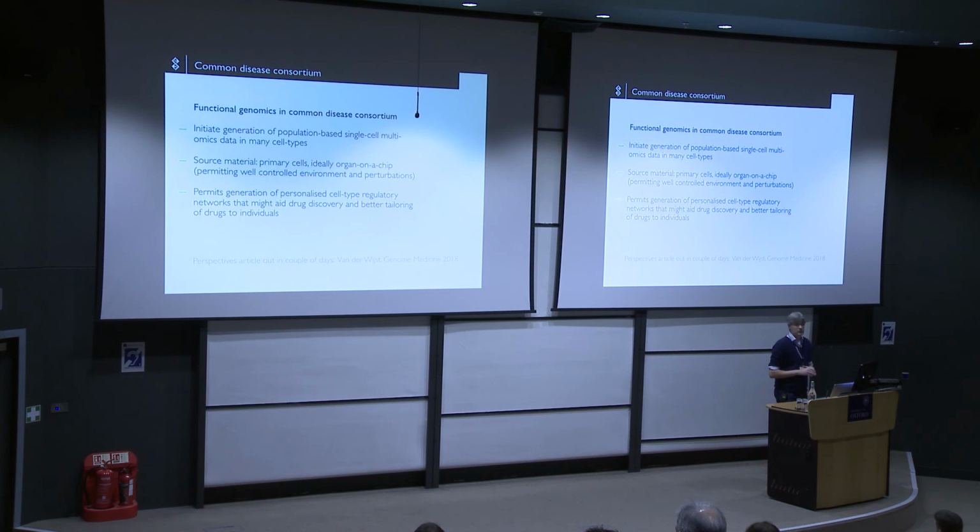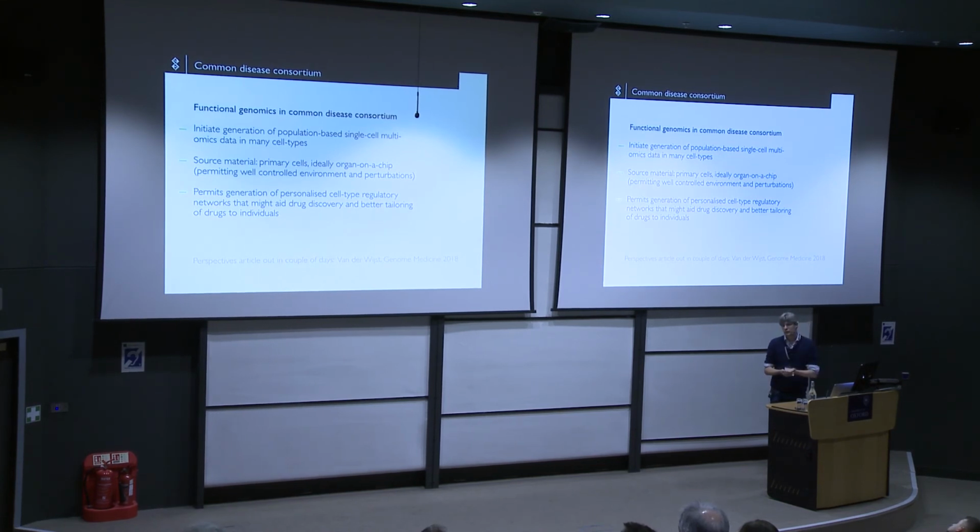And I think that ties in to some extent with the ambition that is being outlined here today and yesterday of the Common Disease Consortium, because my dream, let's keep it for myself, is, I would think it would be really fantastic if we would be able to start initiating generation of large-scale population-based single-cell multiomics data in a lot of different individual cell types.